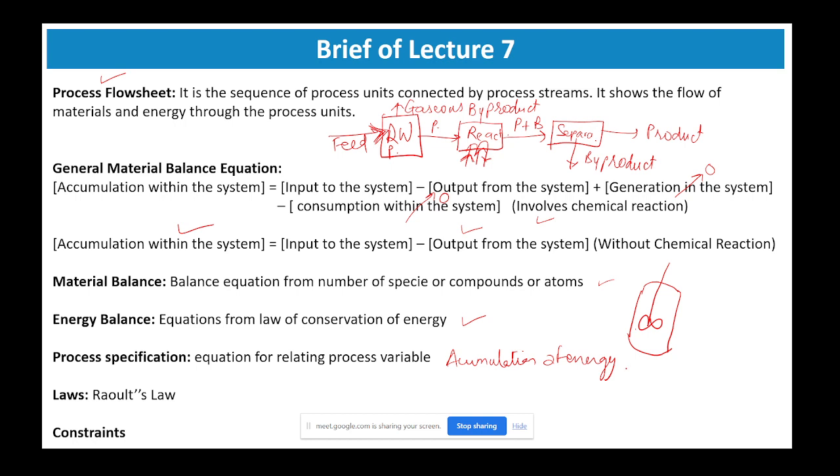Energy accumulation is the energy which is used by the material of the system to change its temperature, so that is represented by mCp delta T, where Cp is the heat capacity of that material. So it represents how much energy is stored, or consumed, per unit mass of that material to raise the temperature by 1 degree Celsius. So this is the amount of energy which is stored.